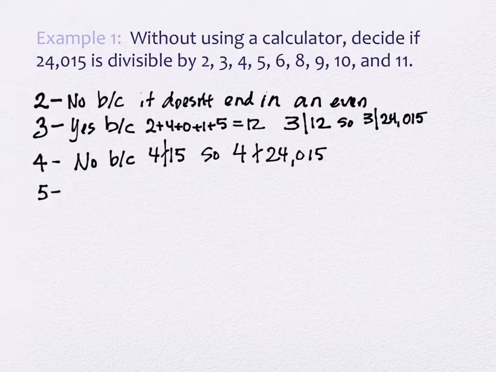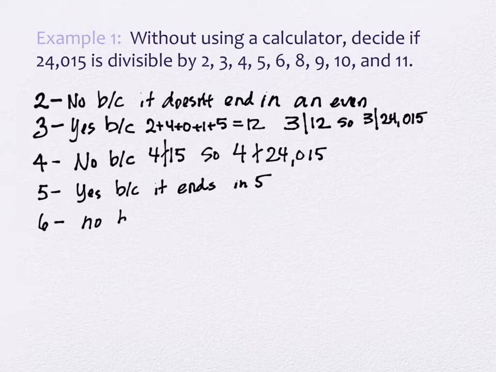How about 5? Yes. Why? It ends in 5. Yeah, because it ends in 5. Lovely. 6? No. Because it's not divisible by 2 and 3. Right, even though it's divisible by 3, it doesn't divide by 2 exactly. How about 8?